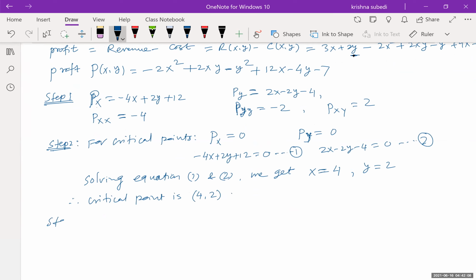Now step 3, I want you to try the D-test. D means discriminant, okay? In the D-test, write down the formula.